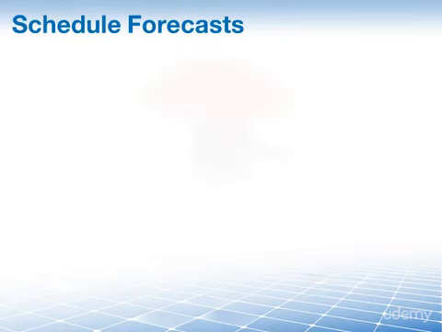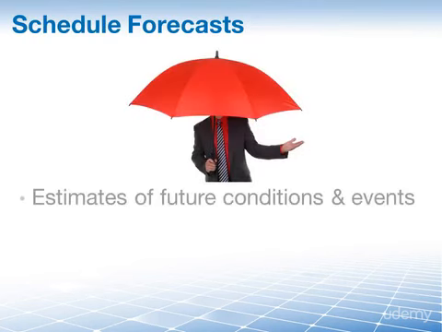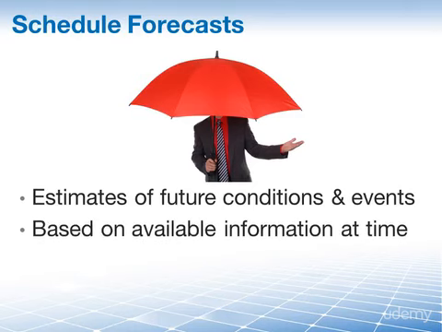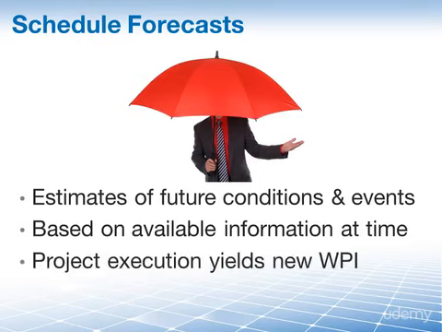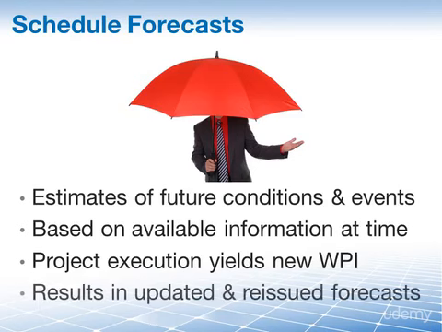Schedule forecasts are estimates or predictions of future conditions and events for your project, and these are of course based on the available information that you have at the time that you make the forecast. As the project is executed, new work performance information, WPI, is provided, which is based on the project's past performance and expected future performance, and this then results in forecasts that are being updated and reissued.